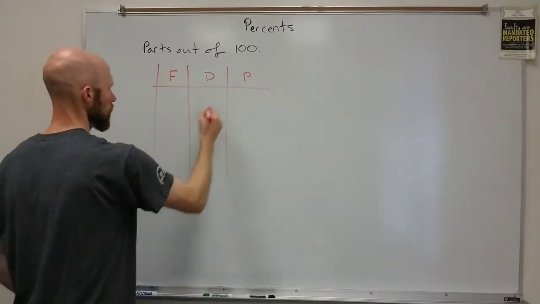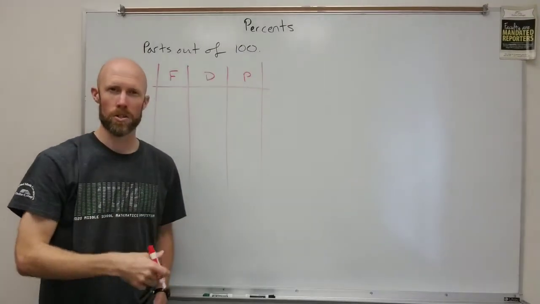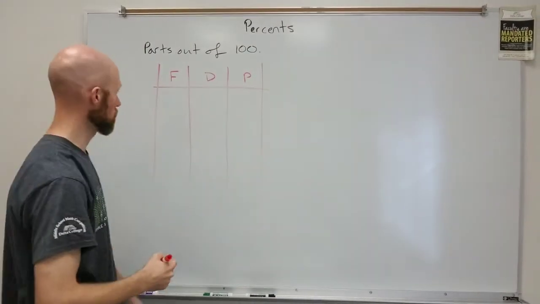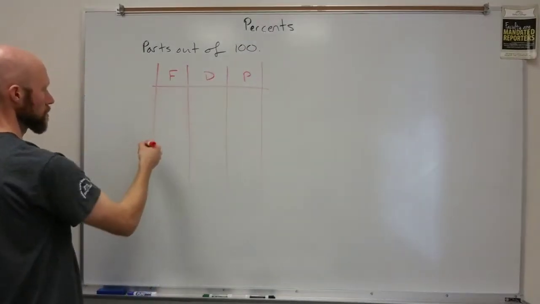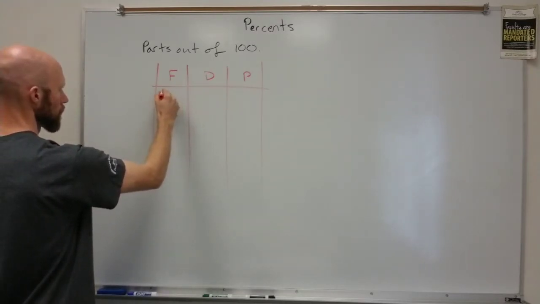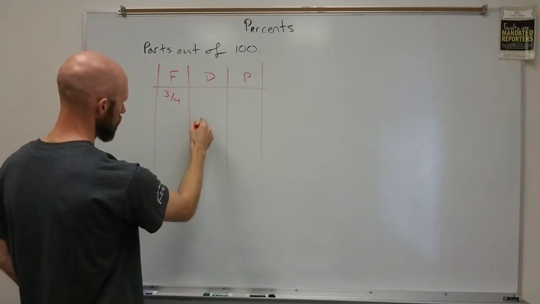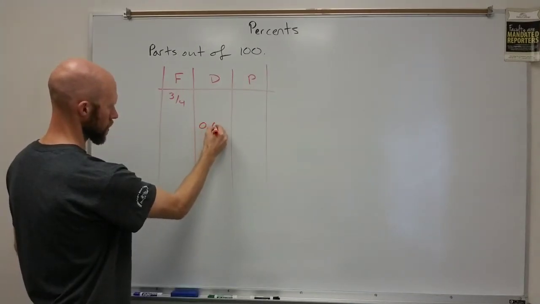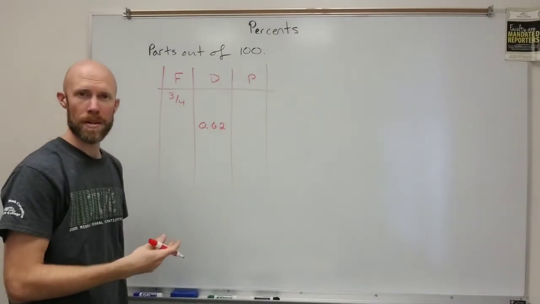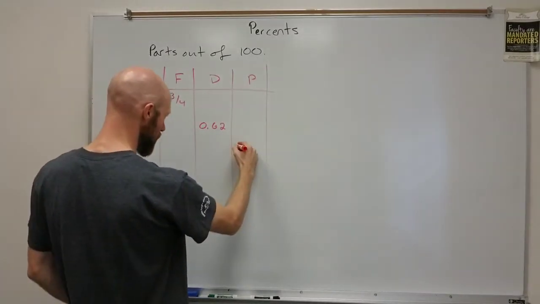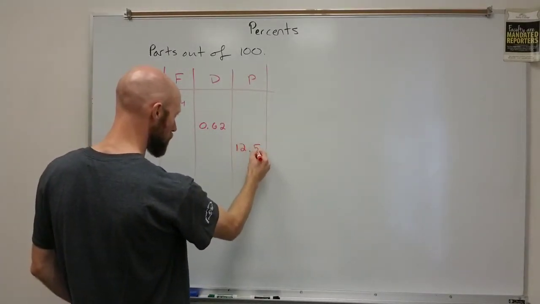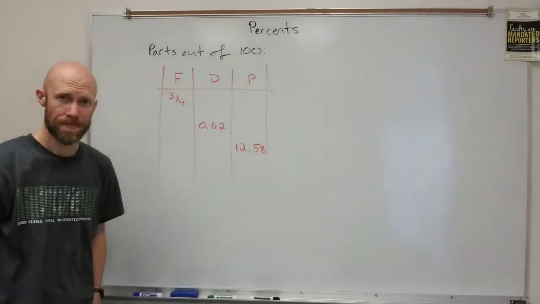And each row is an equivalent value, and each column I throw a number in there. So maybe for the fractions, maybe I give you 3/4, as a decimal maybe I give you 0.62, and then maybe as a percent, I don't know, I'll throw in there 12.5%, maybe something like that.